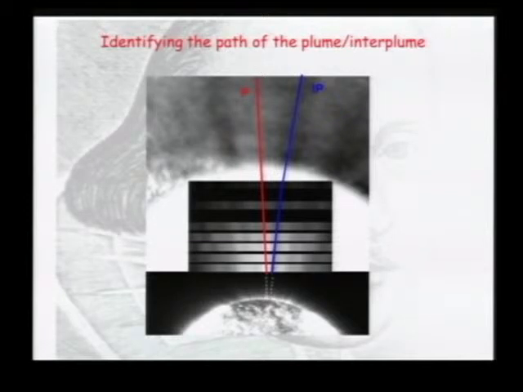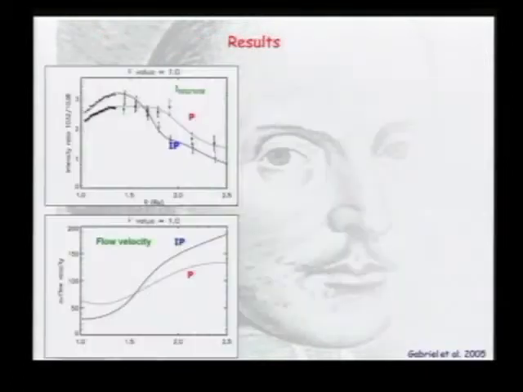So here you can see the entire data set for the 2005 paper with EIT, UVCS, SUMER, which is not shown here, but we considered it, of course, and LASCO C2. And we traced the path for Plume and Interplume regions, not just following the brightest and the darkest paths.